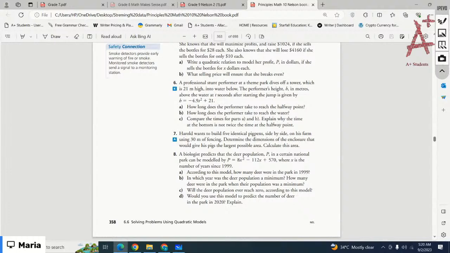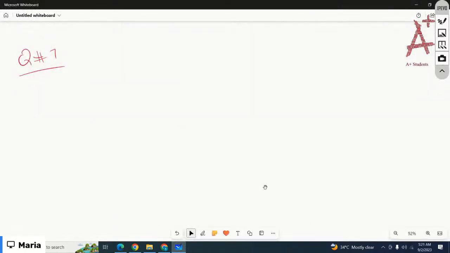So that means 5 pens, it looks like this. You can see 1, 2, 3, 4, 5. They are 5 pig pens, right? This one is x, this one is x, x, x, and x.